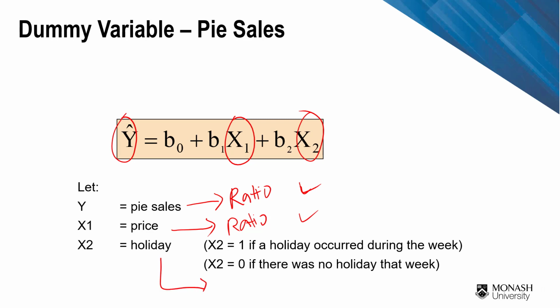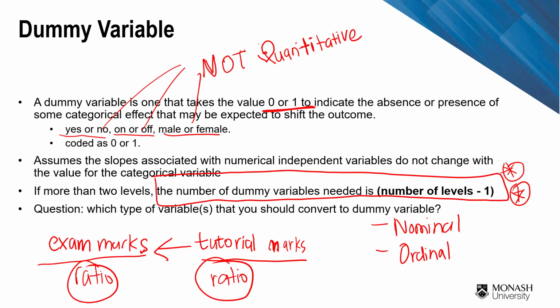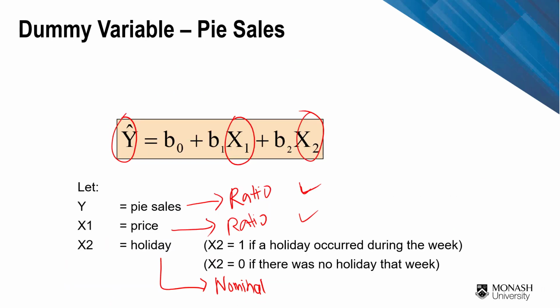Holiday, however, is a nominal variable, so you do need to convert it into a dummy. If you recall, the number of dummy variables needed is the number of levels minus 1. In this case, there are only 2 levels, holiday or no holiday.